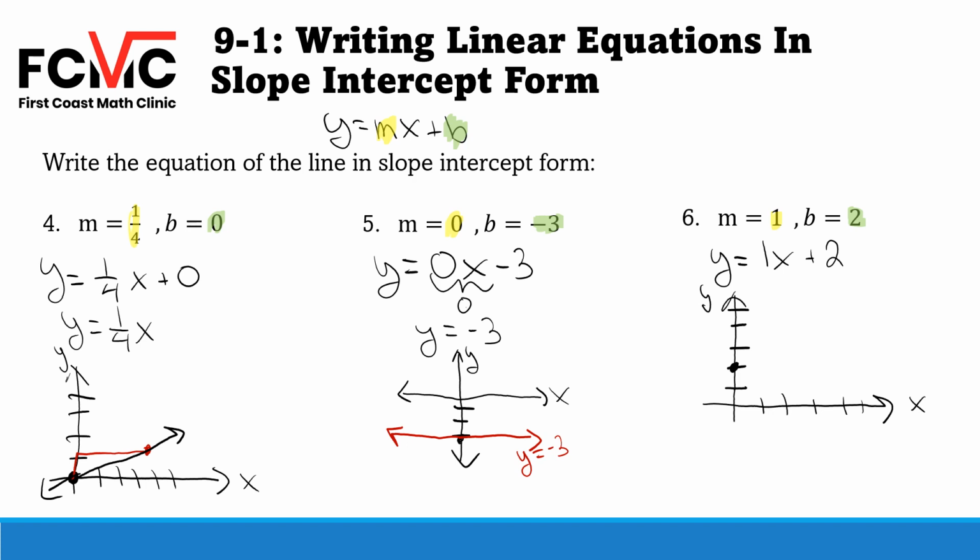That's our y-intercept. Our slope is 1, so we know it's basically just 1/1. We'll do this in red. We're going to go up 1 and right 1. Connect those points. And this is going to be our graph for y equals 1x plus 2. And that's our equation if our slope is 1 and our y-intercept is 2.